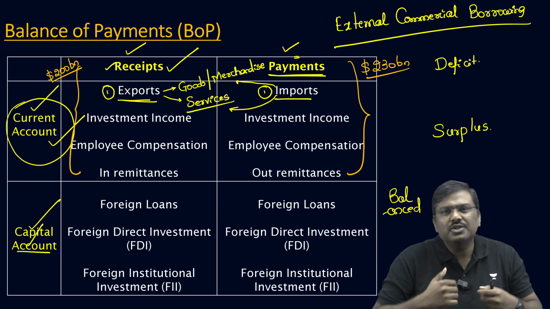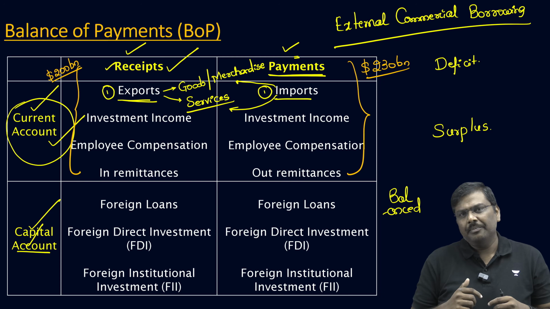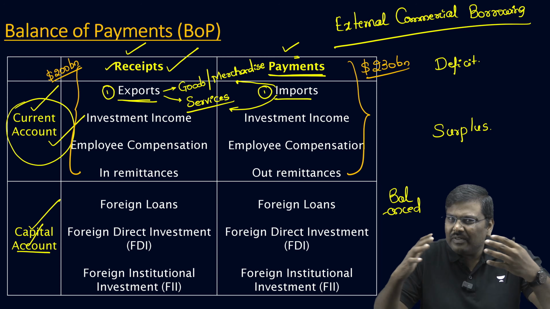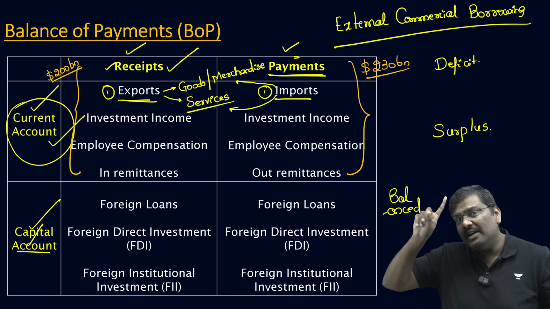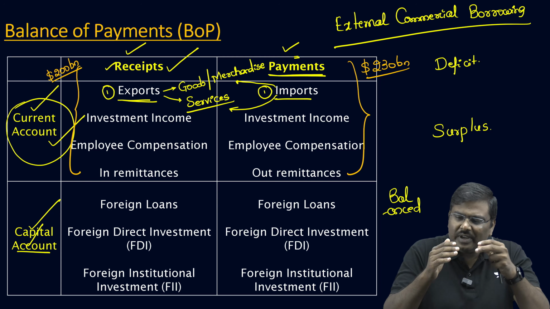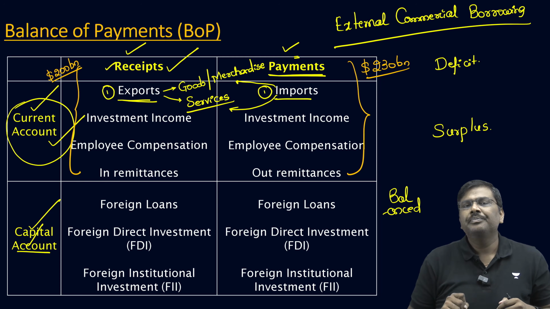Now some of you will say, sir, why is that so? And second, is it good or bad for the Indian economy? Please understand the problem here. India is not a developed country. We want to become a developed country. In fact, the Government of India has put a target of achieving developed country status by 2047.